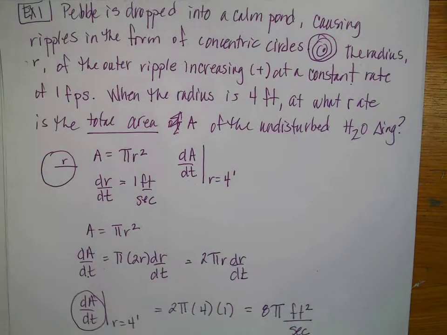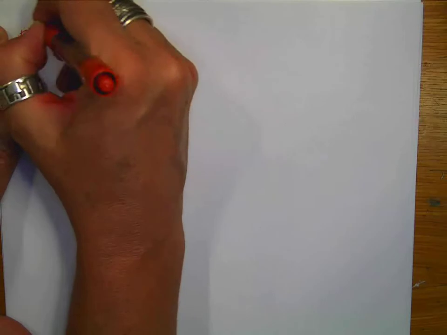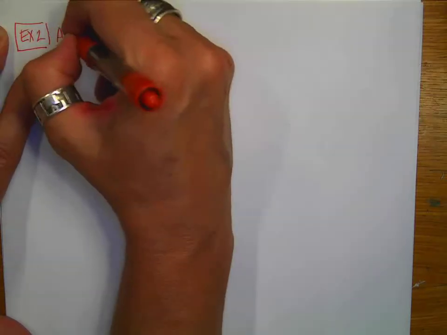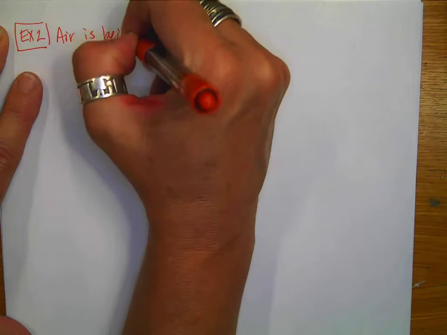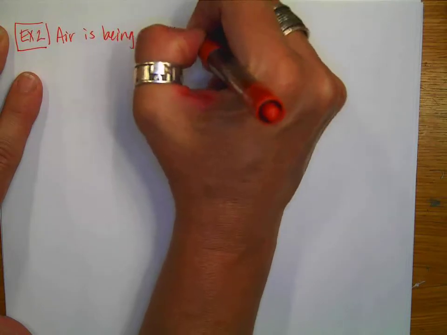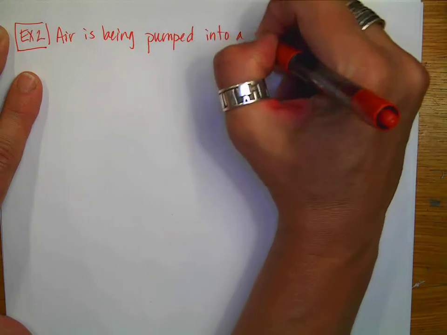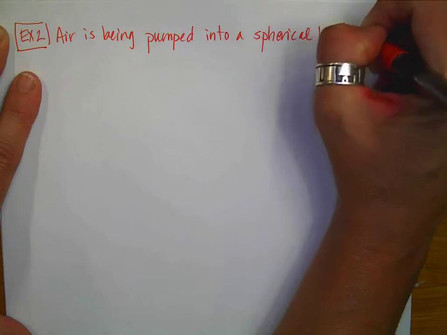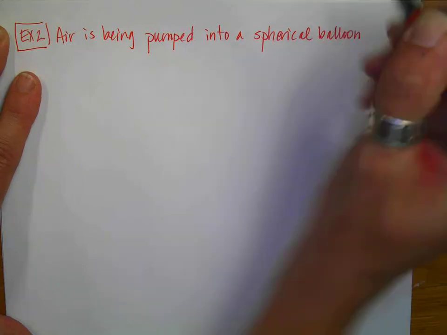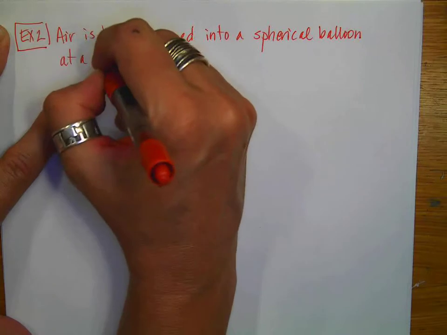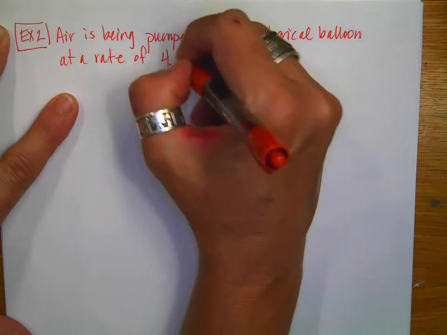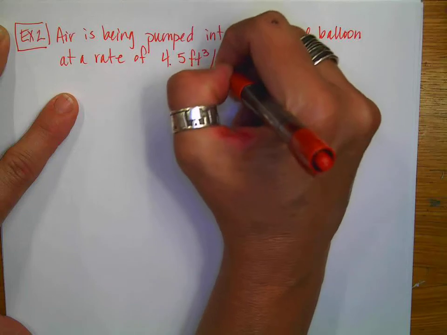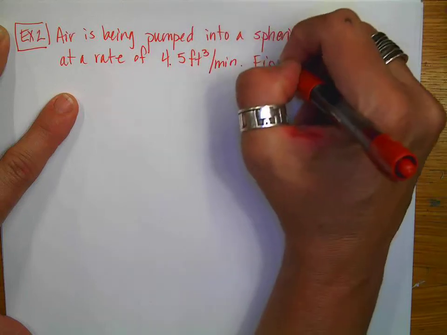Alright, let me do another example for you. I like related rates. They can sometimes be so challenging, but occasionally they're really pretty fun. So here's our second example. Air is being pumped into a spherical, yay geometry, balloon, at a rate of 4.5 cubic feet per minute.